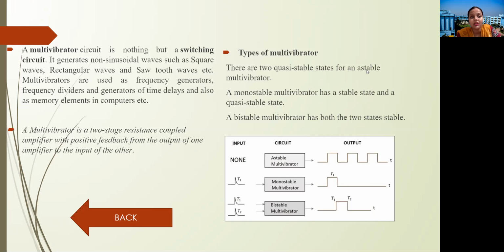Now what is a quasi-stable state? Quasi-stable state is also termed as unstable state, but in this chapter we will term it as quasi-stable. So astable multivibrator will have two quasi-stable states. A monostable multivibrator will have only one quasi-stable state and one stable state, and a bistable multivibrator will have two stable states.